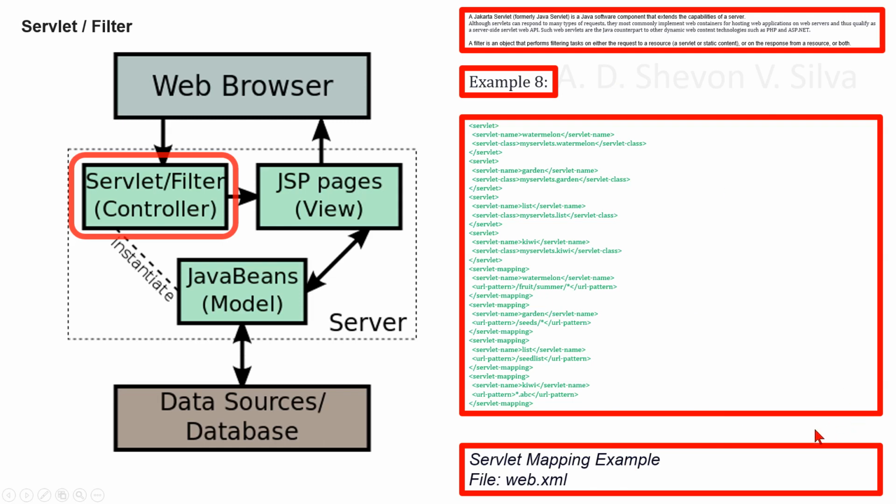The first entry under the root servlet element in web.xml defines a name for the servlet and specifies the compiled class that executes the servlet.